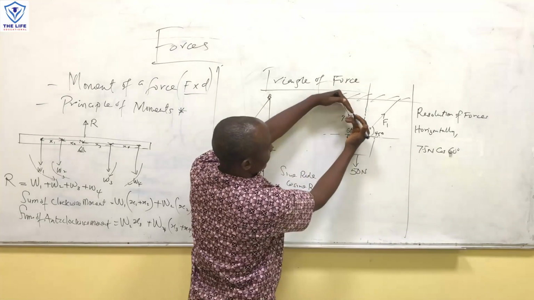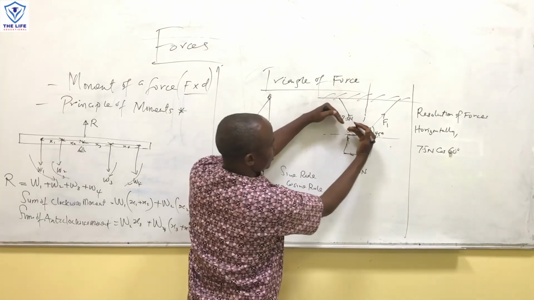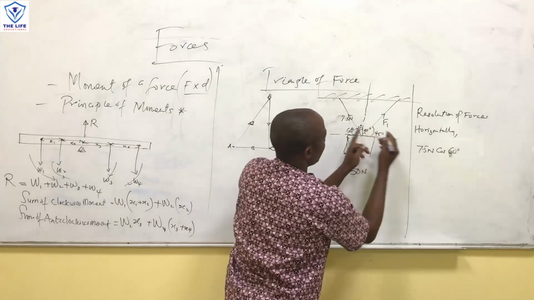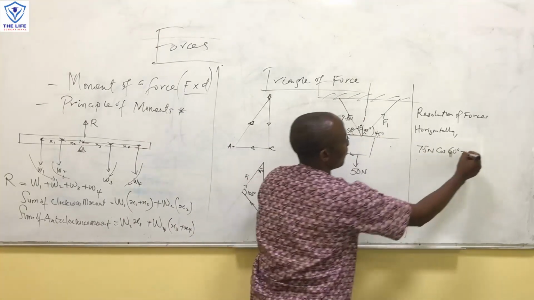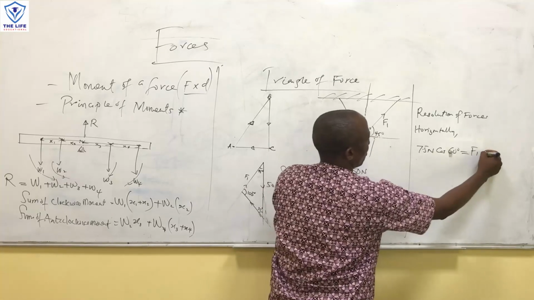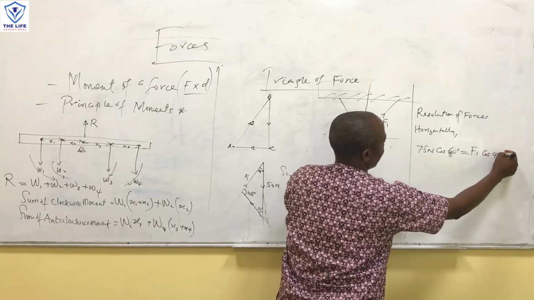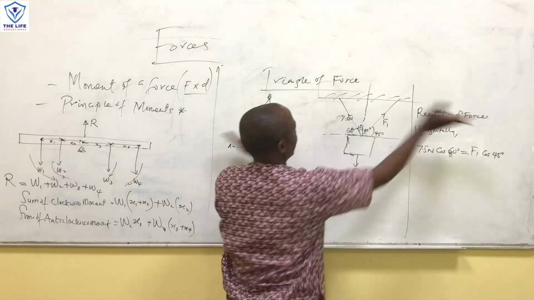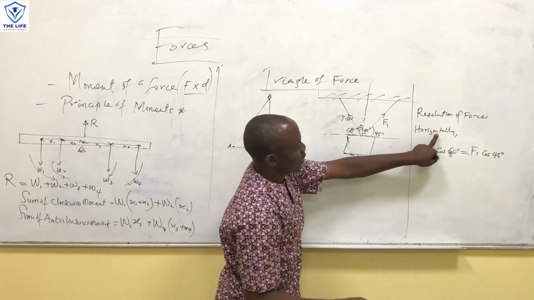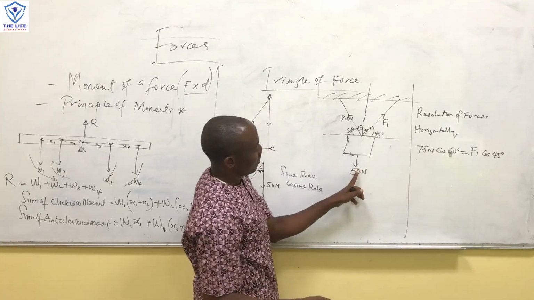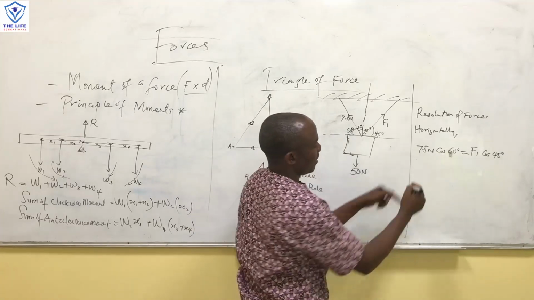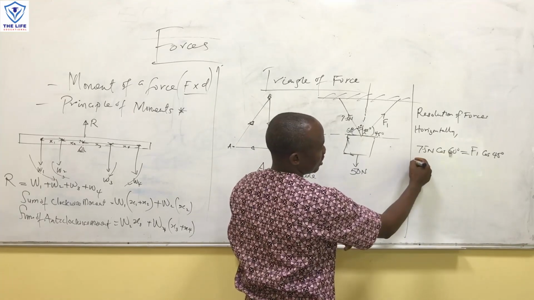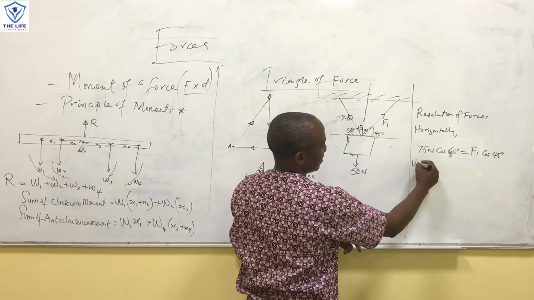This 7.5 Newton is acting this way, and that will be equal to F1 cos 45 degrees, because the two of them are acting equally. When you do horizontal resolution, 50 Newton is acting vertically, so it's not going to be part of this system.